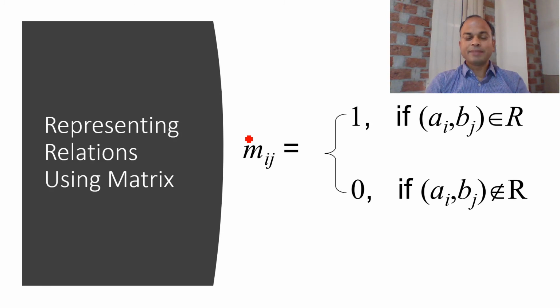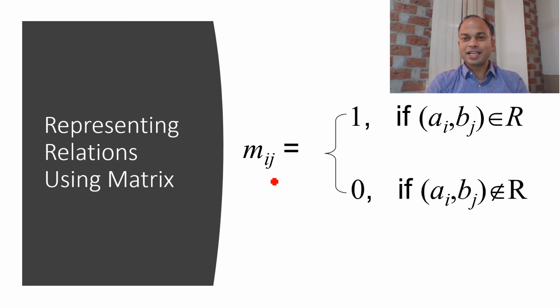If we talk about the matrix representation, say here we have the elements A and B. Element A belongs to set A. Element B belongs to set B. If the ith element of set A, that is Ai, and the jth element of set B, that is Bj, are related, then we have to mark 1 at the Mij location of the matrix.